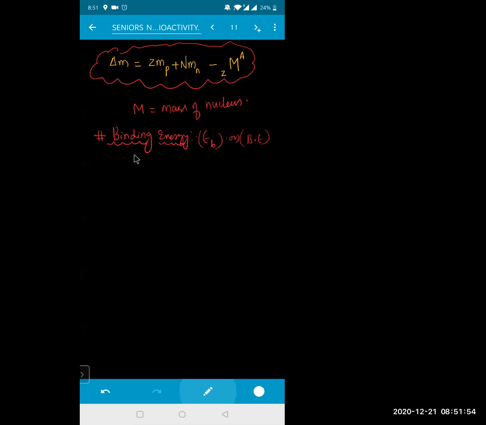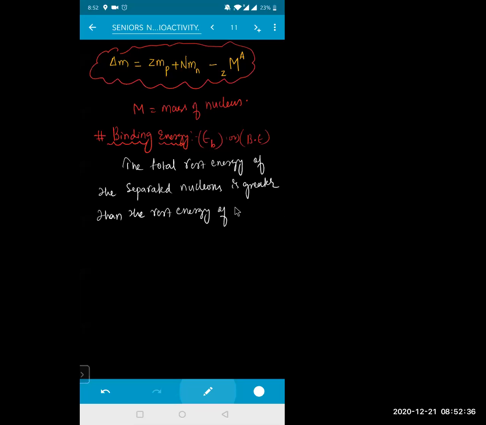So I can say here right now, the total rest energy of the separated nucleons is greater than the rest energy of nucleus.